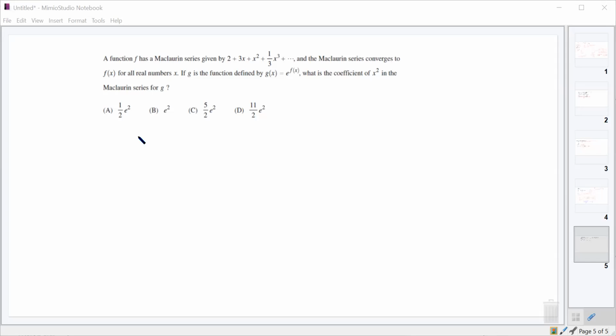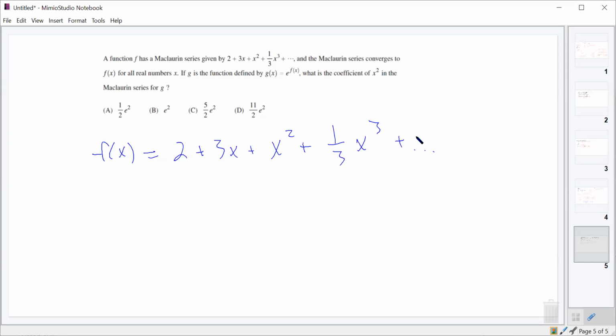So f of x is 2 plus 3x plus x squared plus 1/3 x cubed and so on. If g is just e to the f of x, then this should be e squared plus, no, that's not right.